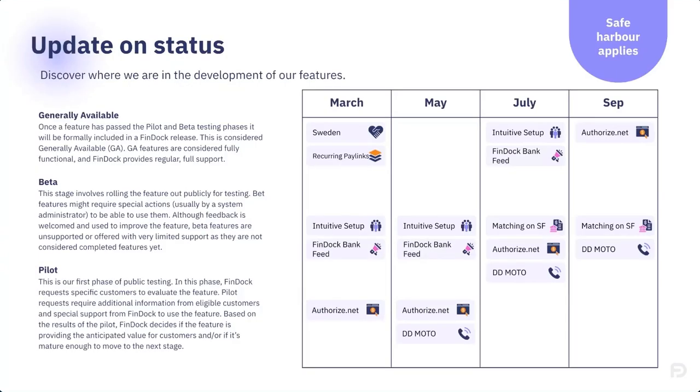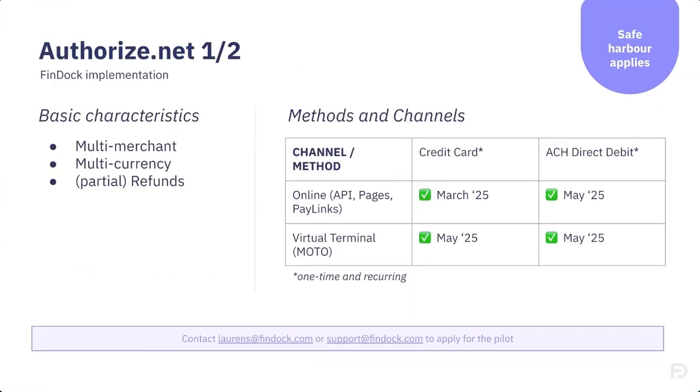Let's start with our betas. With this release, we are not moving any of our features up. We do hope to do so in the next release. But we have been working a lot on our authorized.net integration.